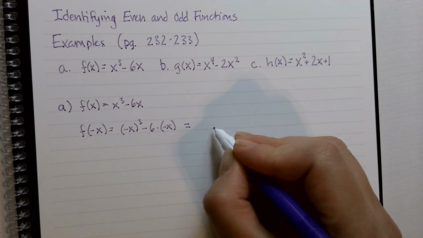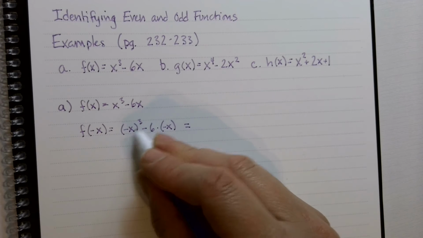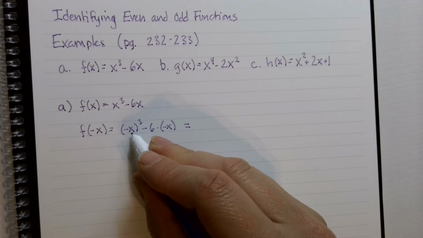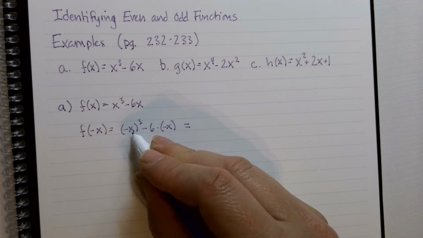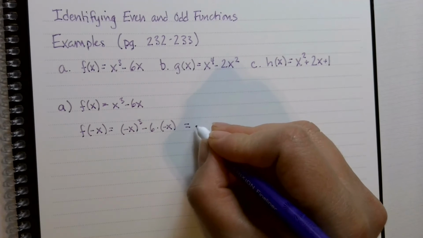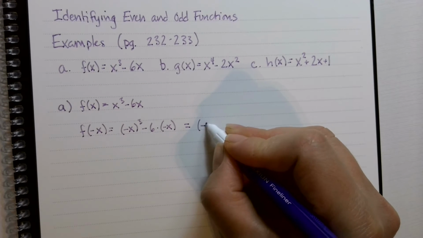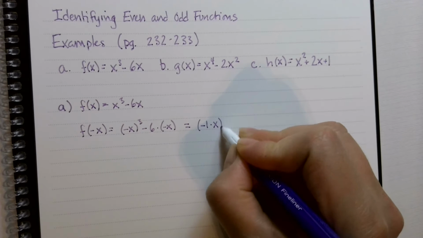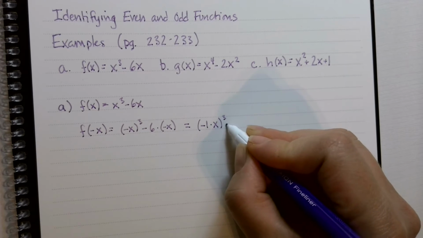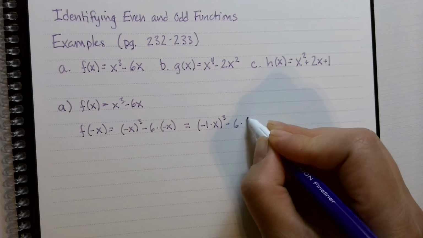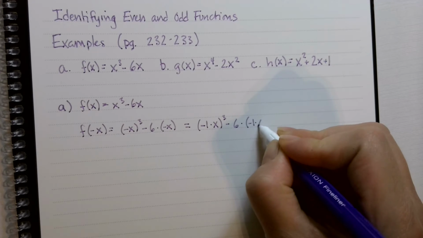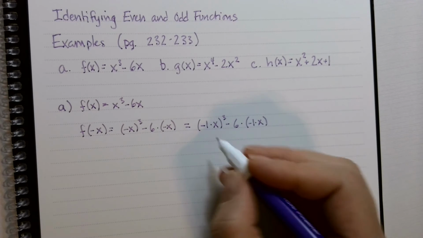What does that equal? This is the same as saying negative 1 times x cubed minus 6 times negative 1 times x, right?